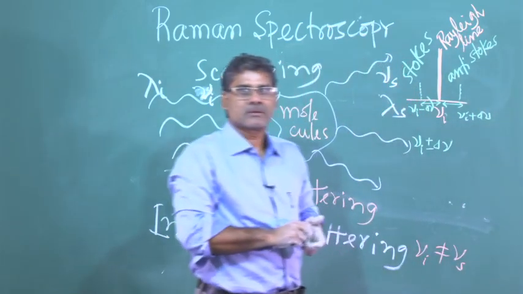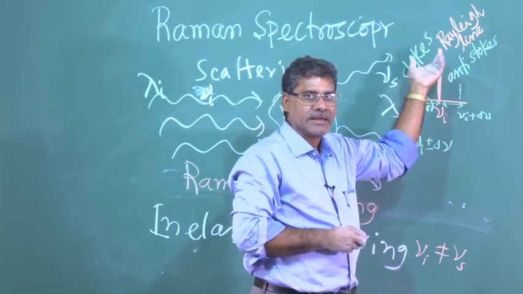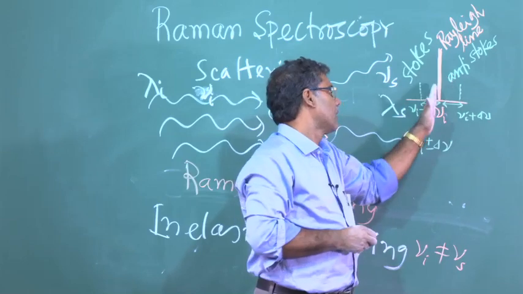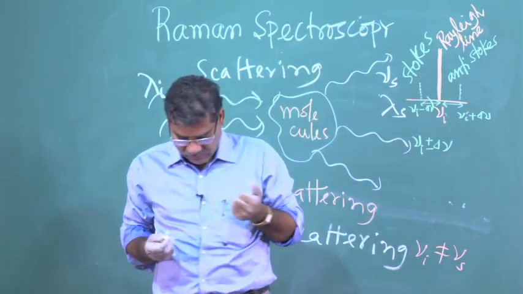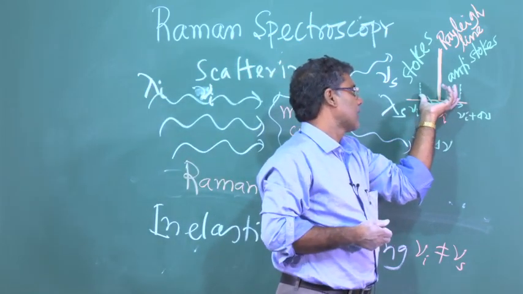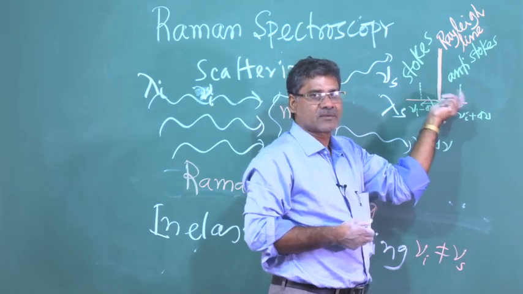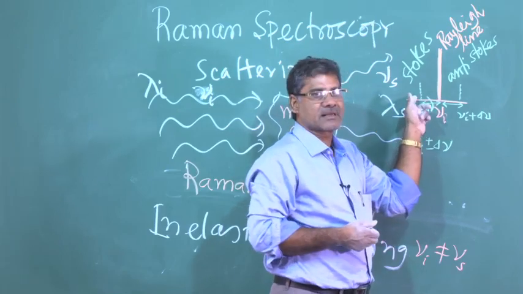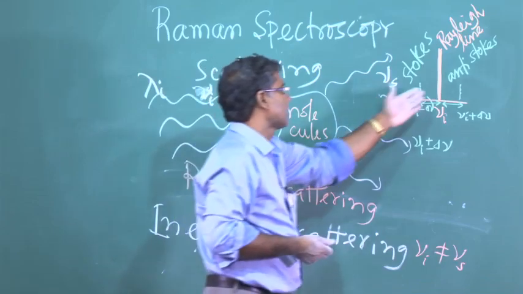So the original has the same frequency and is highly intense, the other two are very weak, and their frequencies are the original plus or minus delta nu.